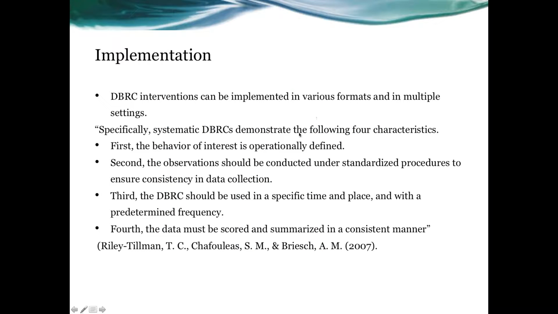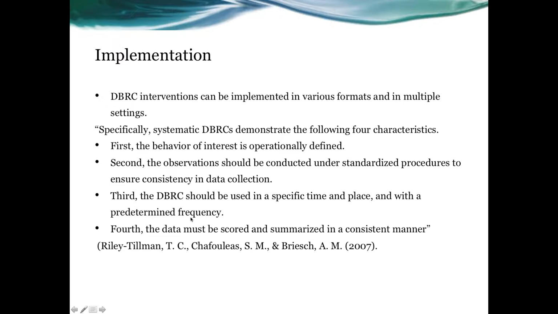So implementation. DBRC interventions can be implemented in various formats and in multiple settings. Specifically, systematic DBRCs demonstrate the following 4 characteristics. First, the behavior of interest is operationally defined. Second, the observation should be conducted under standardized procedures to ensure consistency in data collection.